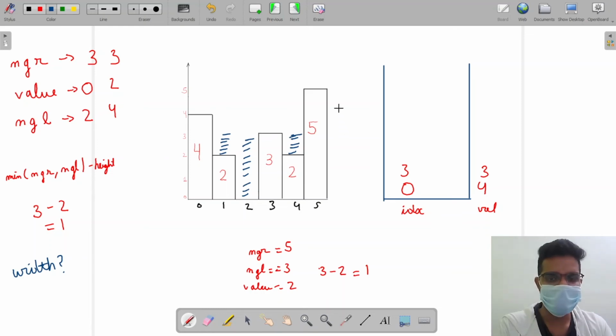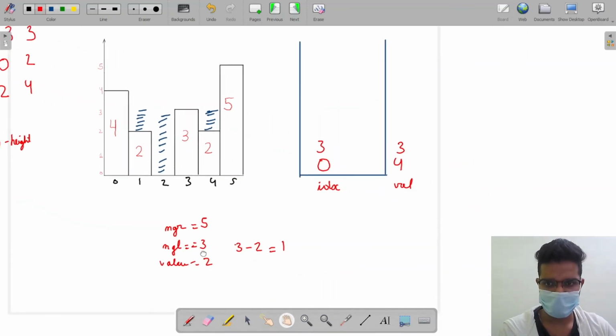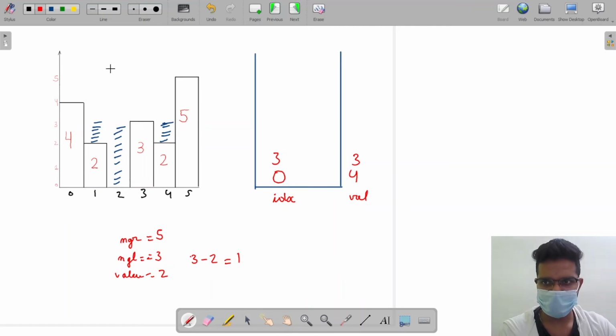Perfect. Let's keep going, and I want you to see where we were unable to store water. We did something wrong. We are going to get it. Again, we want to check, is 5 greater than the top element of our stack? Yes, it is. So for 3, let's write here. This time our next greater right is again 5.